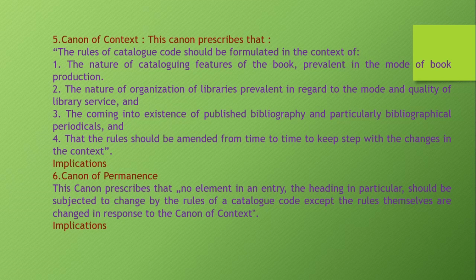For example, an author has written one book under one pseudonym. According to Canon of Ascertainability, it will be rendered under that pseudonym. Later on, his another pseudonym becomes familiar.